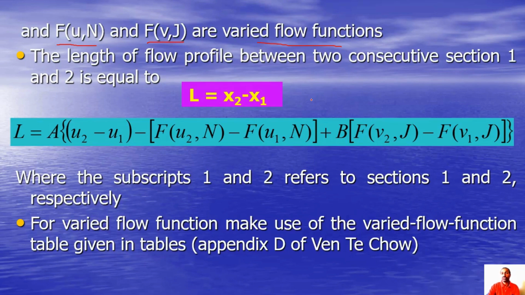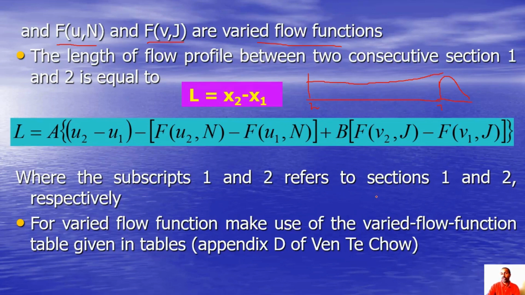If you have, for example, a weir structure, then you may have the length of the backwater curve due to the blockage up to some level. So you may have between 1 and 2. For example, if this is 2, then x2 minus x1. You just subtract, then you get the total length. So a times this value will give you the length of the profile.